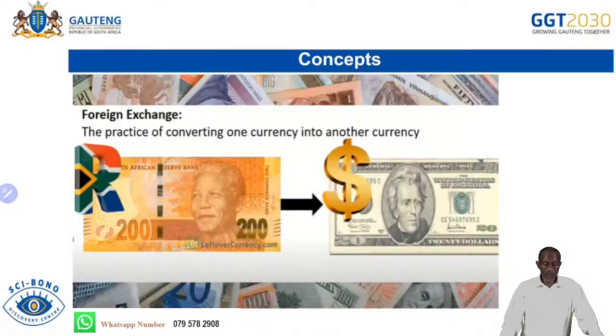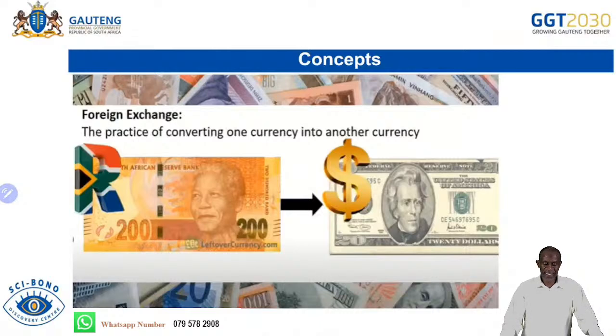As we move further with our concepts, another important concept underlying this topic is foreign exchange. It refers to the practice of converting one currency into another currency. An example here: a 200 note is being converted into a US dollar, as seen in the picture.